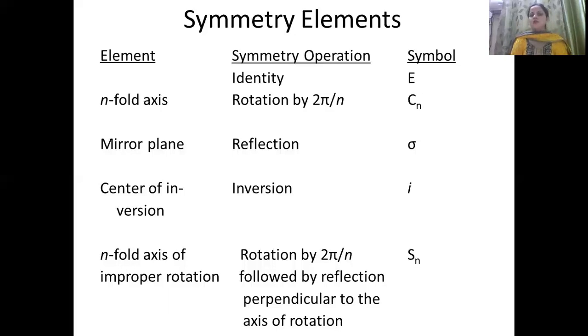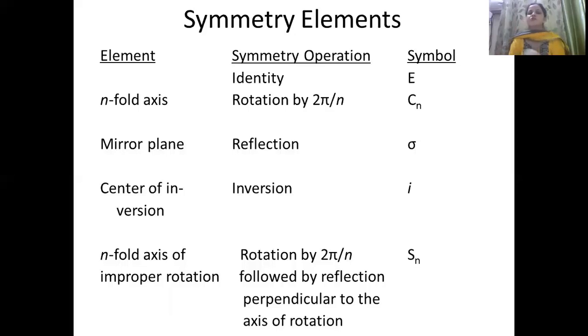What we are observing through that, what is that symmetry operation? It is reflection, and it is symbolized by the term sigma. Another symmetry element is the center of inversion, and the symmetry operation is inversion, symbolized by the term i.